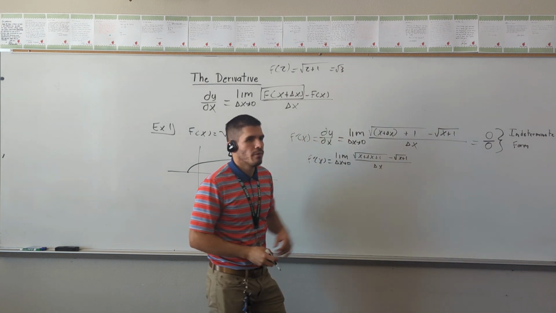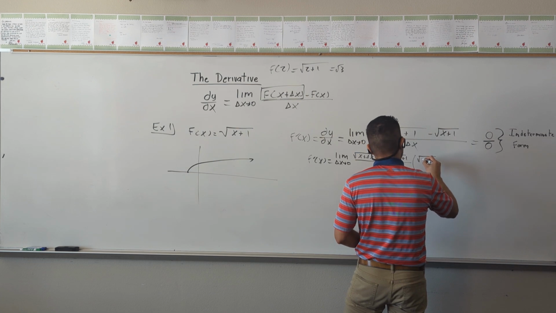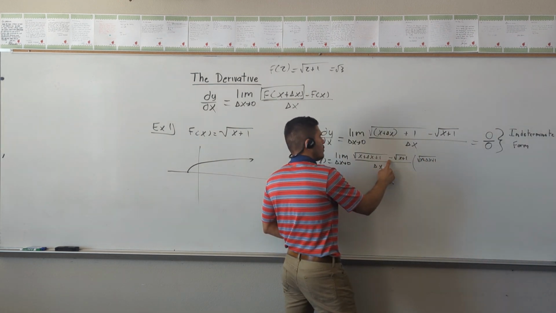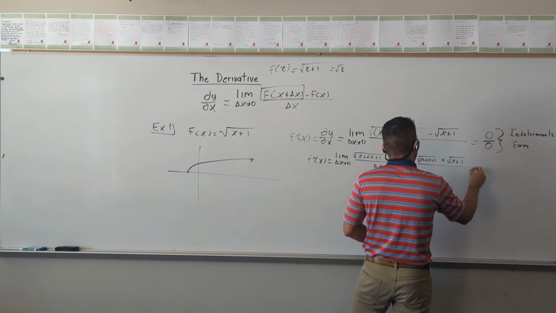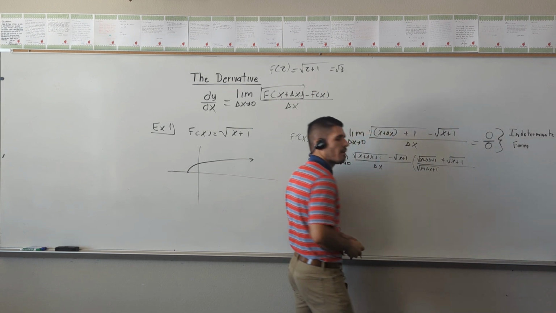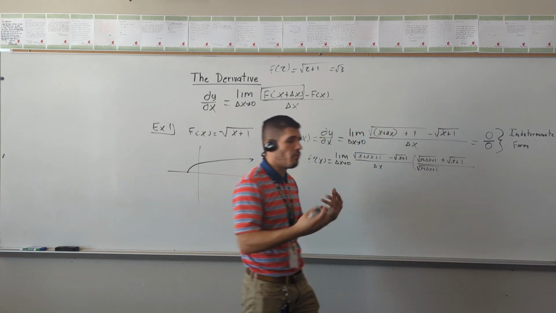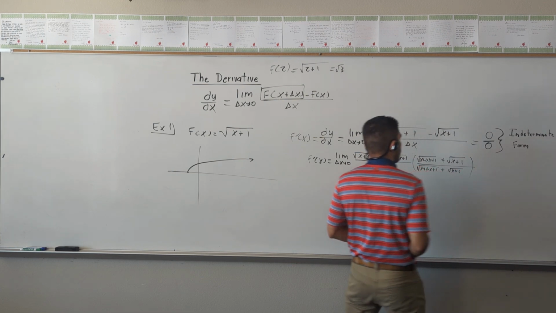And I'm going to use the conjugate of the numerator. So the conjugate of the numerator would be the square root of x plus delta x plus 1, this switches to a plus, and then the square root of x plus 1. Remember, algebraically speaking, I need to balance out anything I do to the numerator, I will also have to do to the denominator. All right, that puts me there.